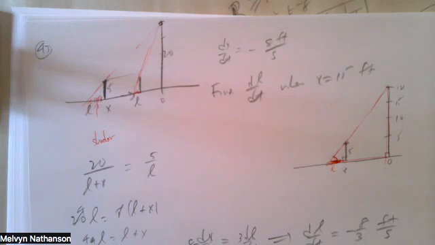Take a look at that for a little bit. So the length of the shadow is changing at -8/3 feet per second.